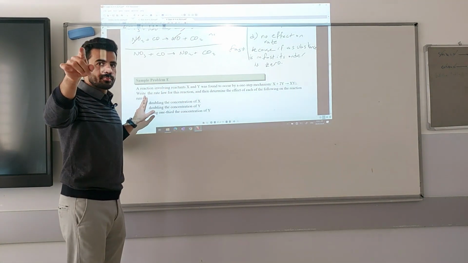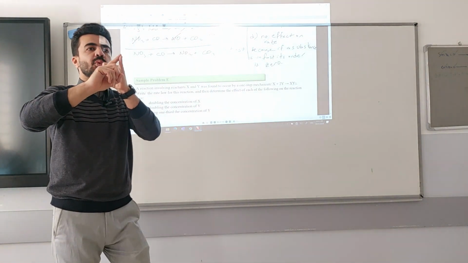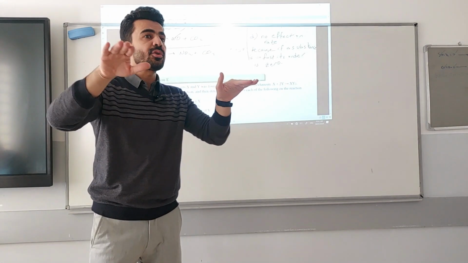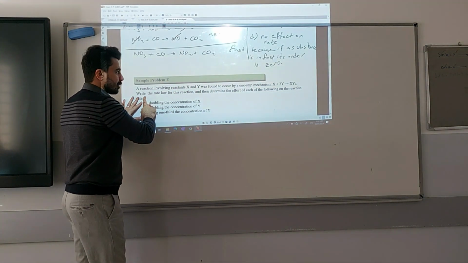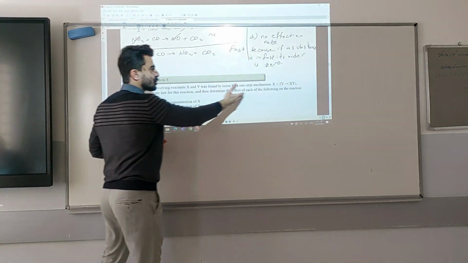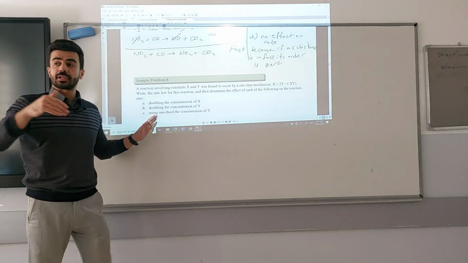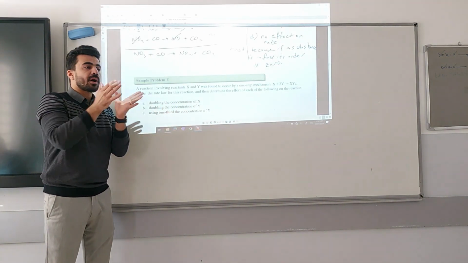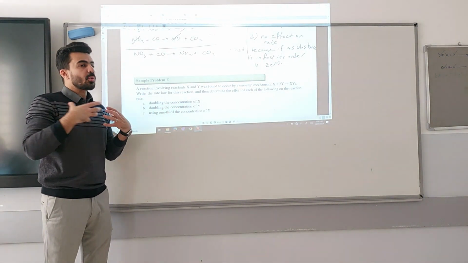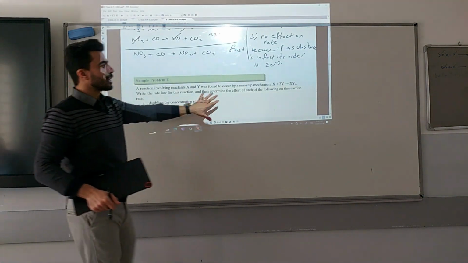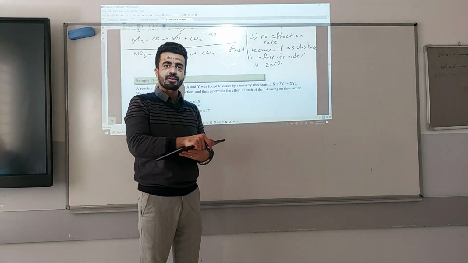Yes, and besides, if it says one-step mechanism and data is not given, as in this one, it says find the rate law and determine the effect of this. Instead of giving us data, it's asking questions on how the rate will change. So in this case, we have to take the orders from the coefficients.